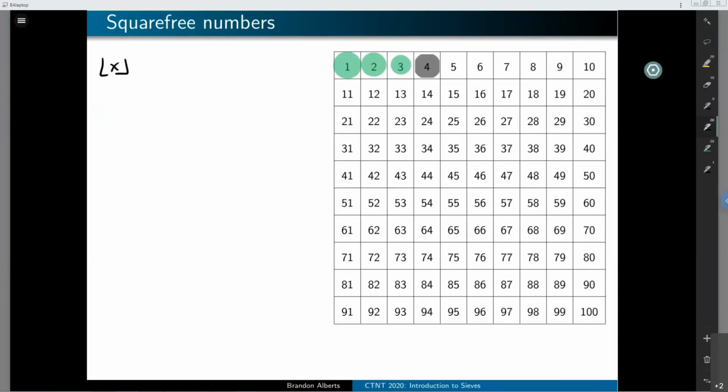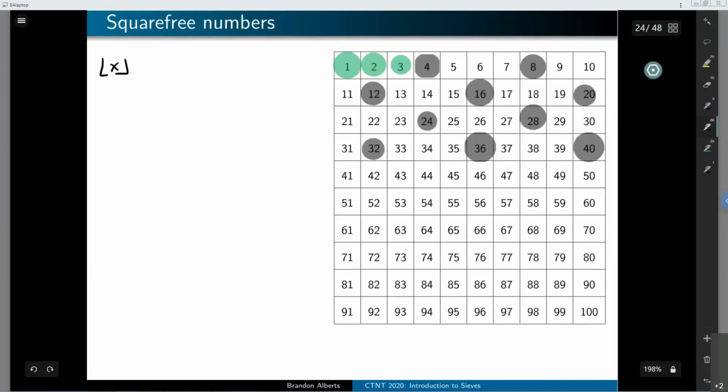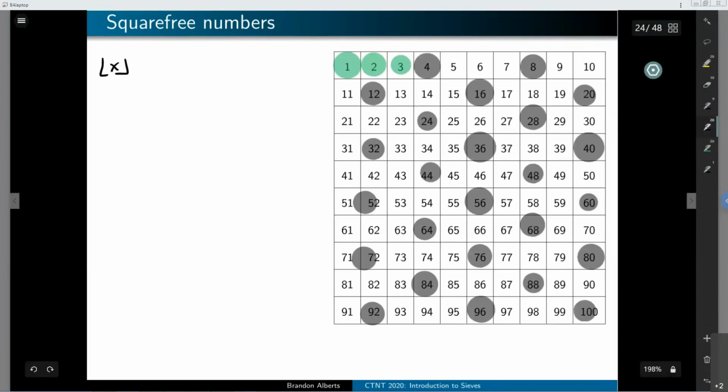And everything that's divisible by 4 is also not square free. So 4, 8, 12, 16, 20, 24, 28, etc. All of these numbers are not square free because they're divisible by 4.